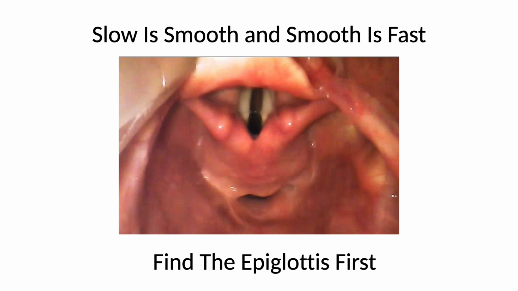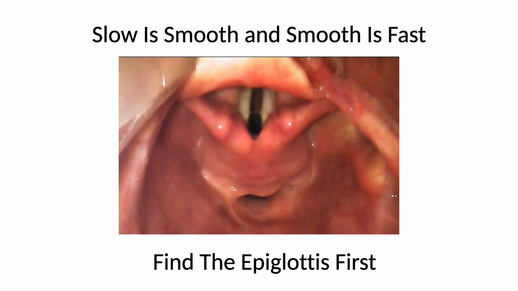So, and you can even tell yourself, this is the tongue. Okay, there's the uvula. Okay, there's the epiglottis. And if you go slow enough, you'll be surprised, but slow is smooth and smooth is fast. And so identify every possible structure you can on your way into the patient's mouth until you find the epiglottis, and that's truly what you're looking for.